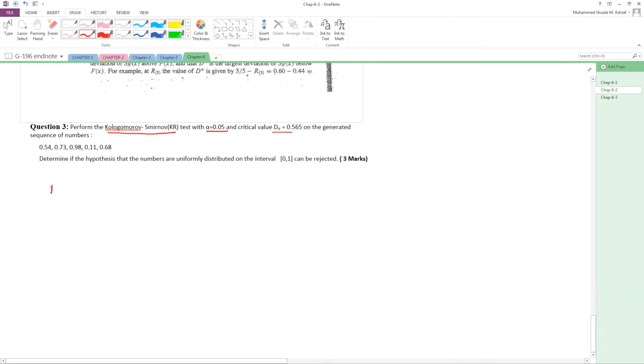So step number 1, write Ri. Step number 2, write i divided by n. Step number 3, write i divided by n minus Ri. Next step, Ri minus (i minus 1) divided by n.